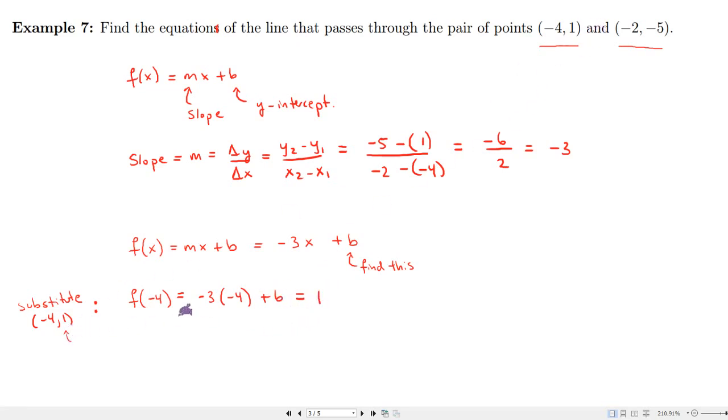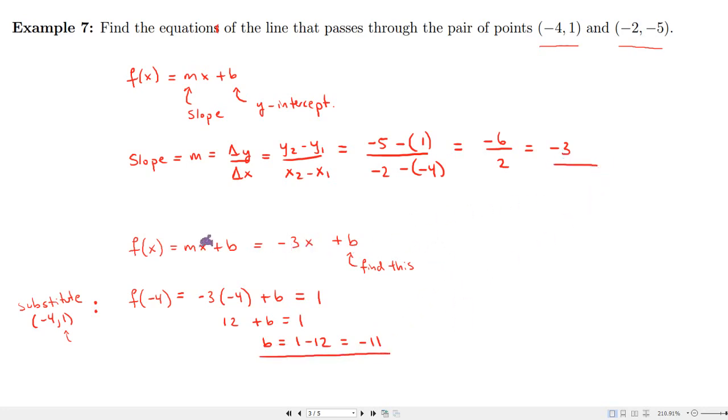Our pair (-4, 1) becomes this, and so we can figure out b from this. So this will be positive 12 plus b is equal to 1. Then subtracting 12 from both sides, we'll have 1 minus 12. So b is -11. Okay, so now we have b and we have m.